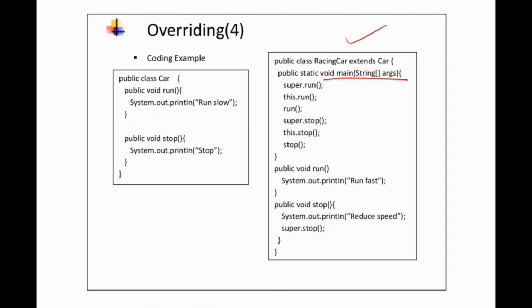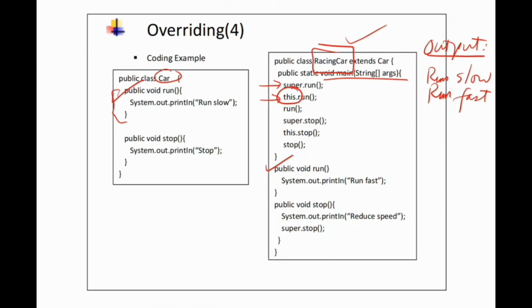So when we run this, it calls the run method of the parent class, so we have an output, "run slow". First line is run slow. And then this.run, where the this here refers to the class RacingCar, so its own run method, which outputs "run fast". Next, it calls the run method.